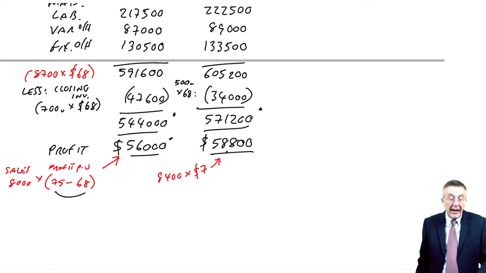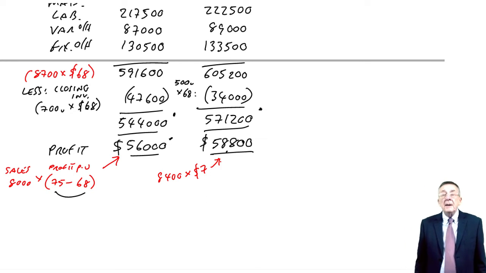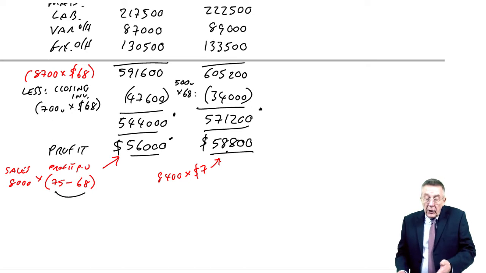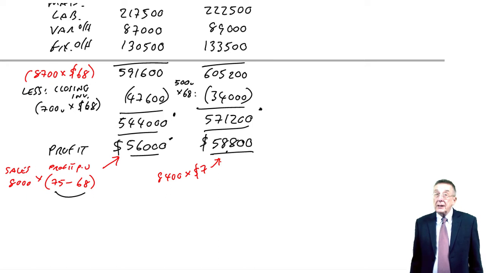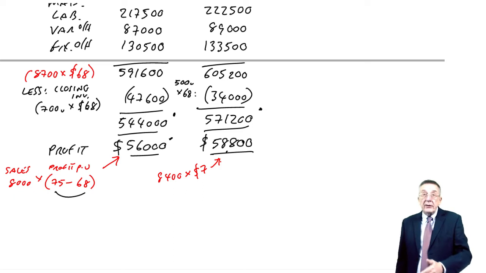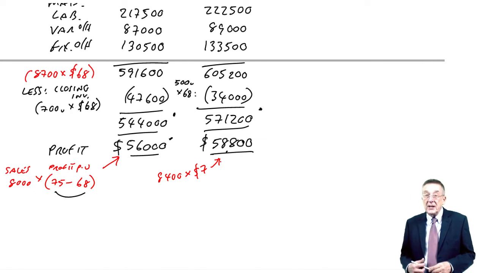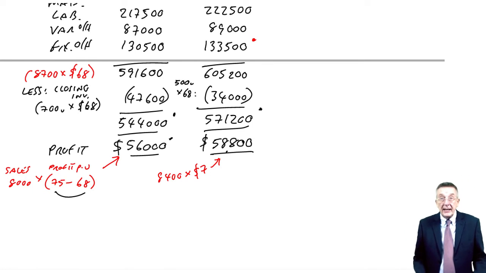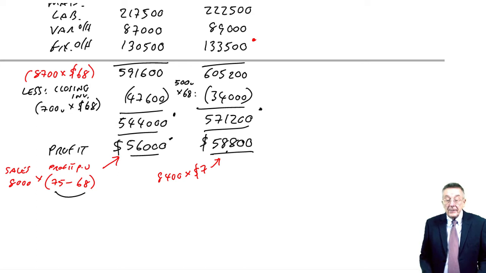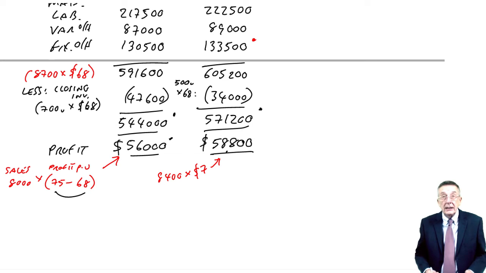Partly because, we'll look in a second, the actual costs were different than they should have been, which may result in more than 58,800, it may result in less than 58,800. I also know, though, that there's something funny happening with fixed costs. $7 a unit assumed that fixed costs were 15 a unit, whereas in fact, fixed costs should stay fixed. And so fixed costs aren't going to be 133,500 at all, or they shouldn't be.